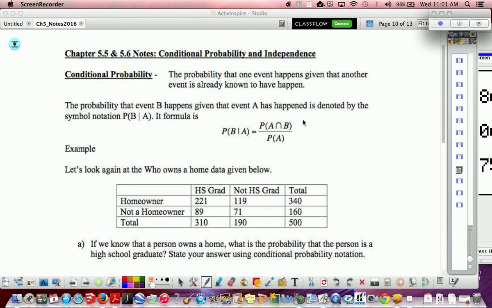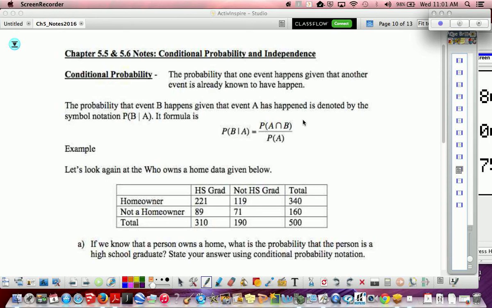Yesterday, we started to look at how you set up a two-way table, and how you take into account two events where we have to worry about the intersection. And we started talking about the probability of A and not B, or B and not A.